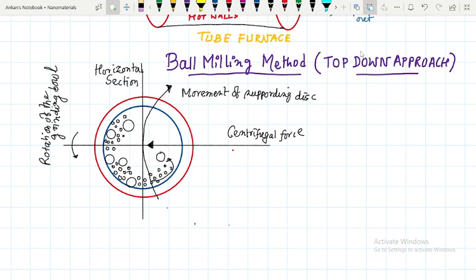Now the milling rate has to be calculated. How can we measure after which time we should stop the machine? It is determined by the milling rate, which is proportional to Rm to the power half, I think.